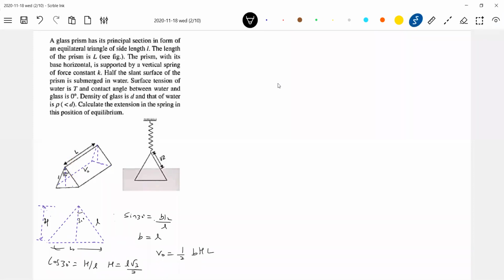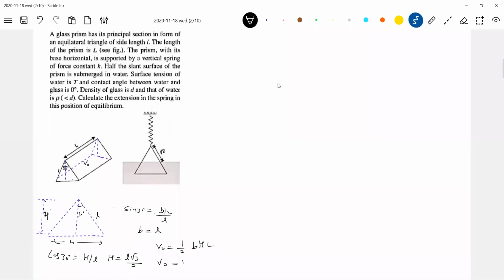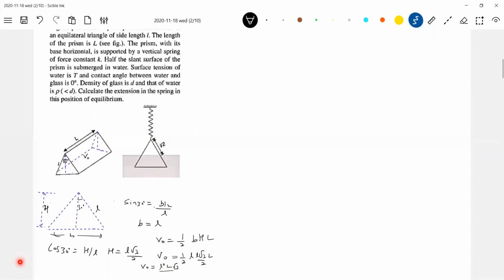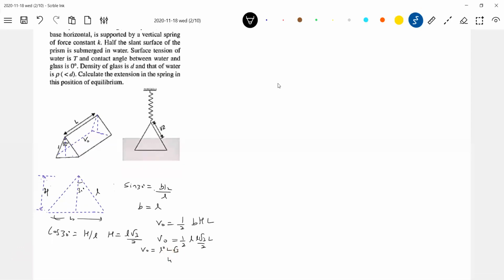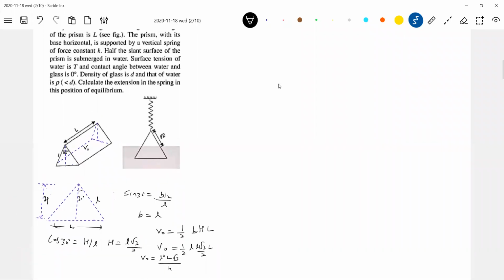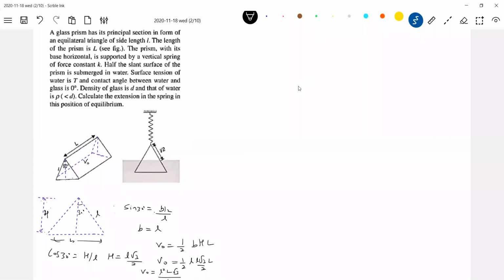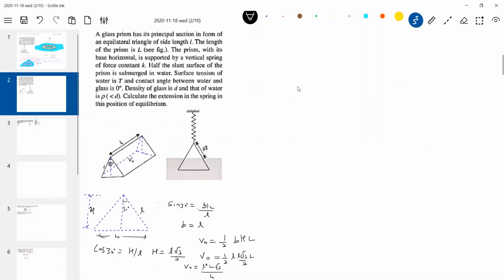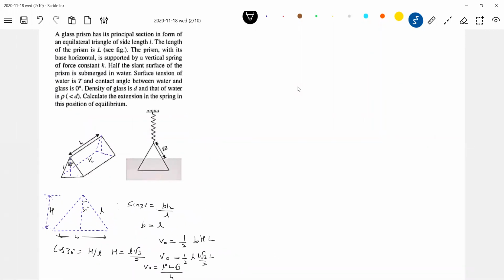So altogether the volume of the prism will be V naught equal to half into B, which is L, and H, which is L root 3 by 2, into L. So the total volume will become L square root 3 L. Okay, fine. I think this is the geometry everyone knows, high school geometry you have come across.